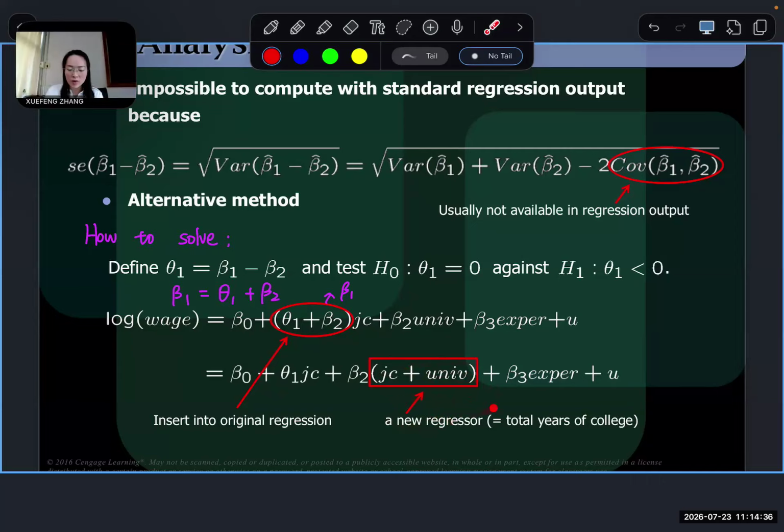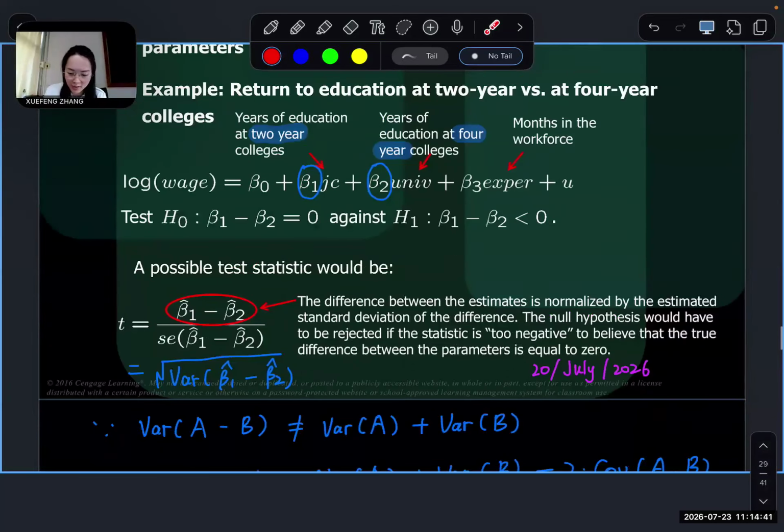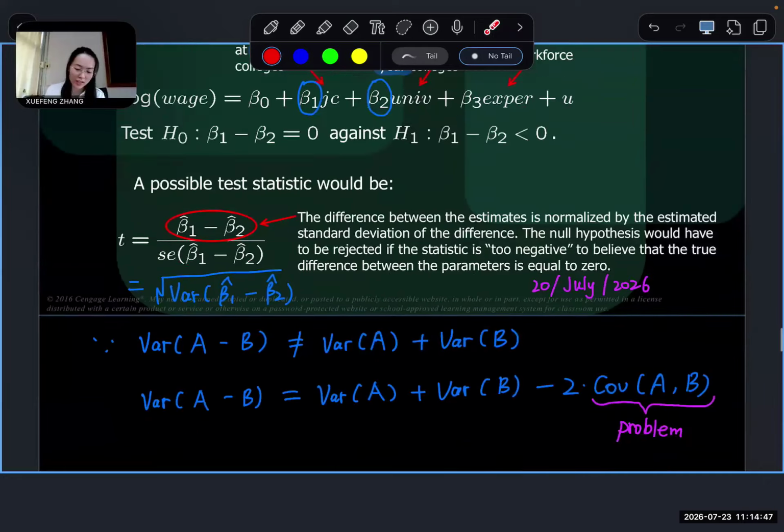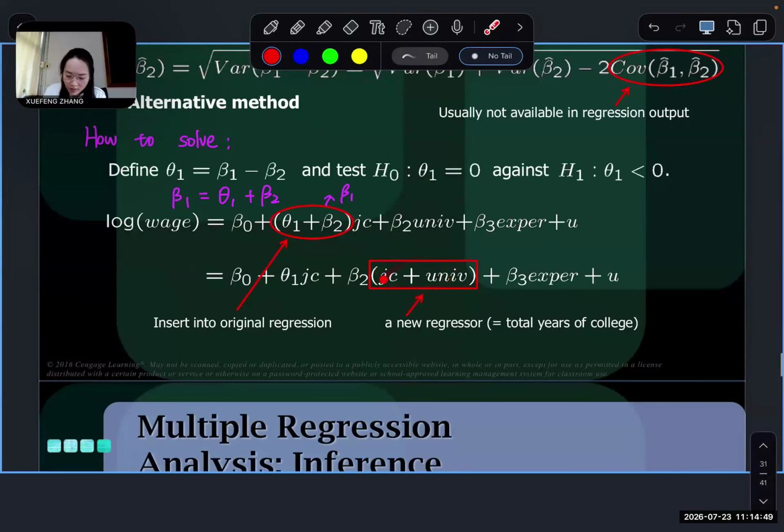This is our new regressor. What is GC? Two years of education, right? You go back: GC, 2-year college. Universe means 4 years of college. So right now, this is our new regressor, which means the total years of college, 2-year plus 4-year combined, right? So notice the trick.